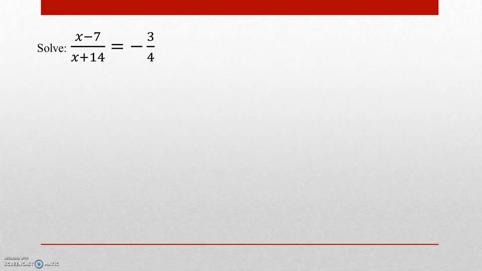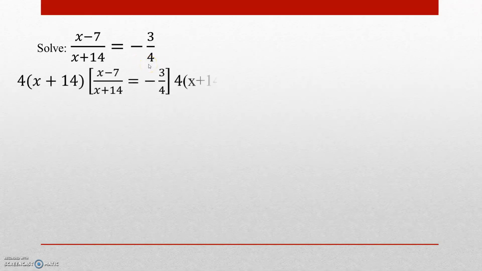Next. How about x minus 7 all over x plus 14 equals negative 3/4? Now, ano kaya ang kanyang LCD? Pag ganito ang binigay na denominator, isang number at saka isang expression, ito na mismo yung ating LCD. And we are going to multiply that in both sides.